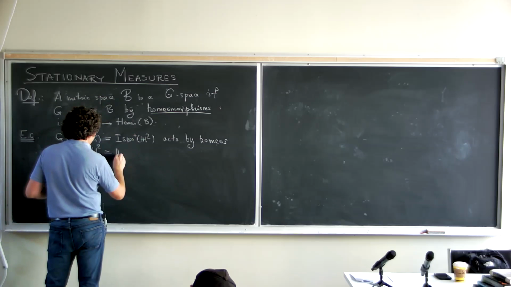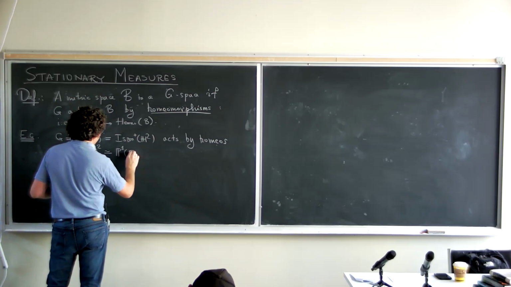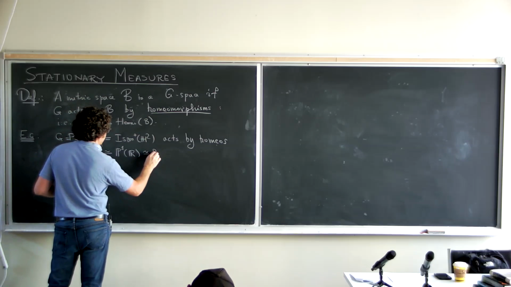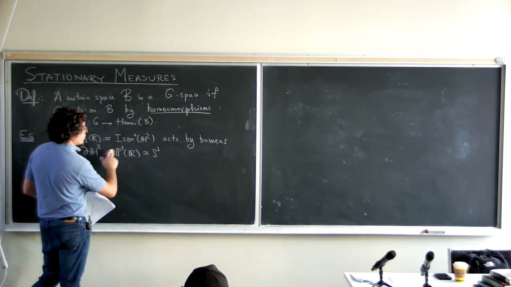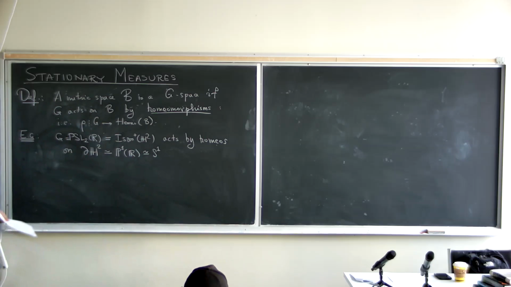It's P1 of R, or basically S1. So again, the action inside is by isometries, but the action on the boundary is just by homeomorphisms.